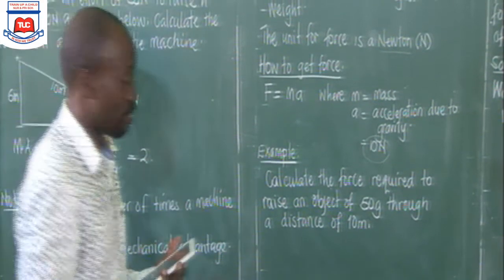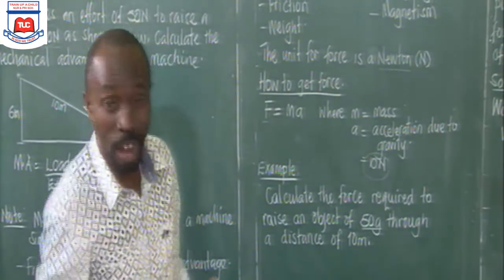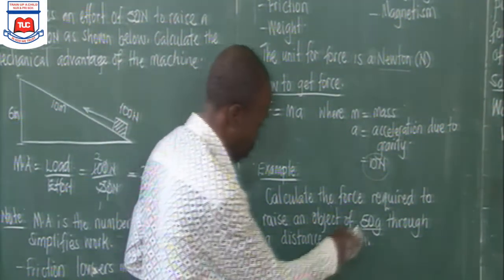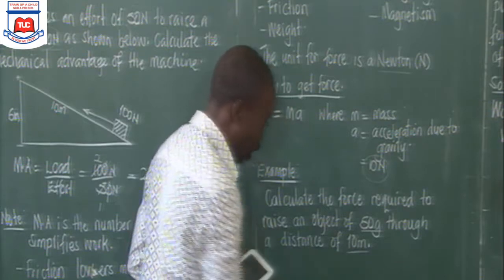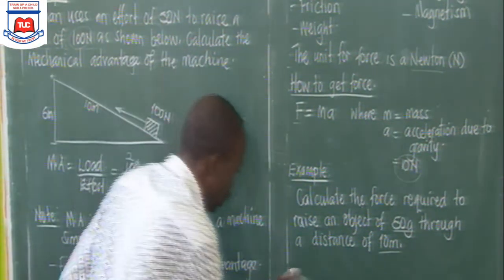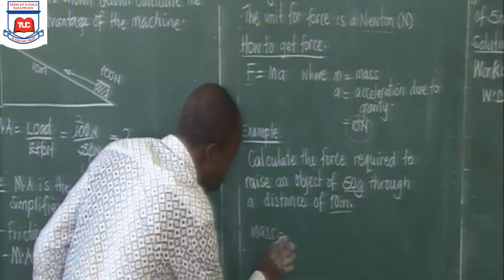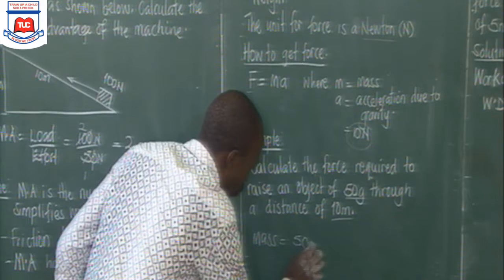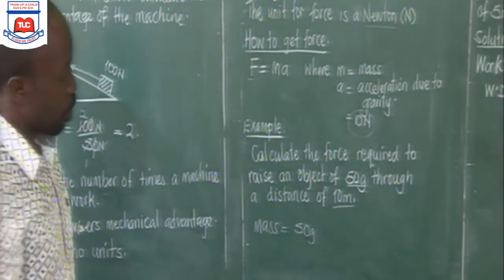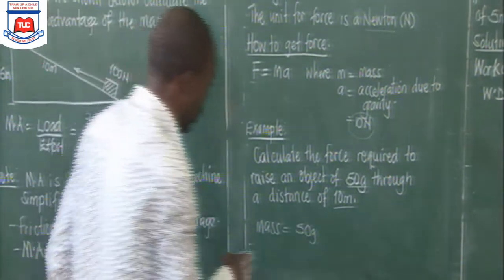they are telling us 50 grams here. We need to find out what has been given. We have 50 grams there. We also have 10 meters here. So, what is given? We have mass. Mass given is equal to 50 grams. Okay? We also have the distance through which the object is moving.